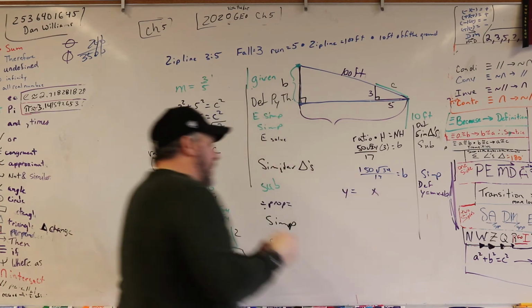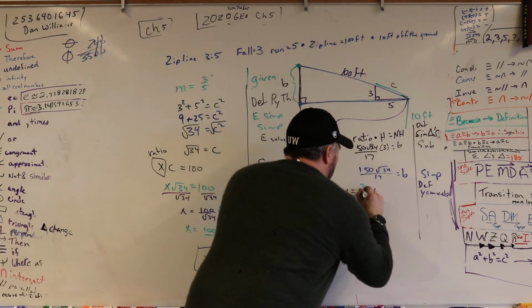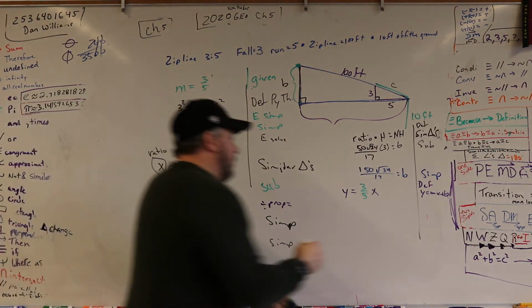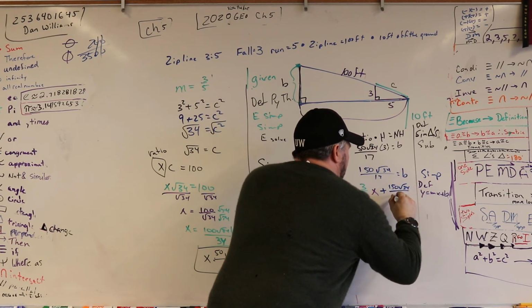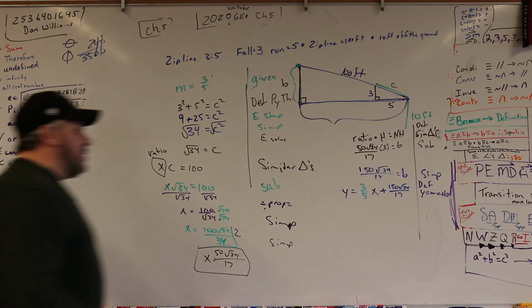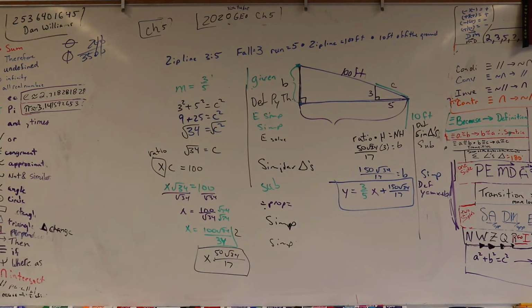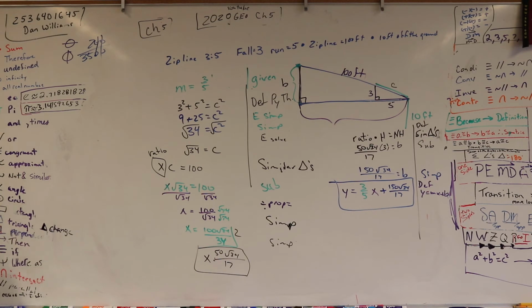What is m? 3/5. What is b? 150 square root 34 over 17. That is your equation of the line. It's not nice, but welcome to real life, people. Real life isn't nice. There's nothing nice about real life. It gives you ugly numbers, so you have to be ready to attack it. Okay?